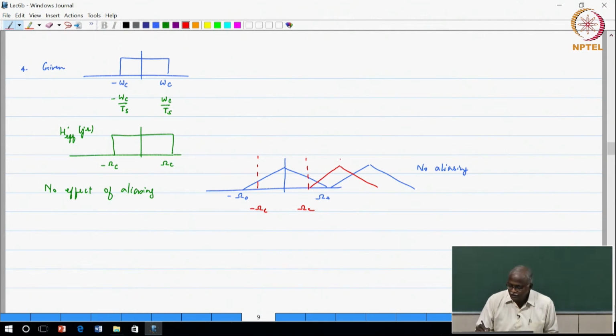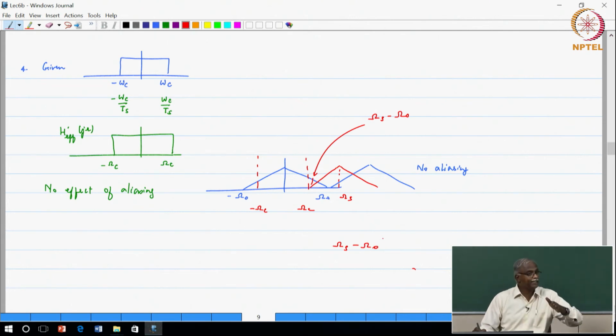If this is omega s, this edge is omega s minus omega naught. So, omega s minus omega naught is going to be my band edge, that has to be greater than or equal to omega c.